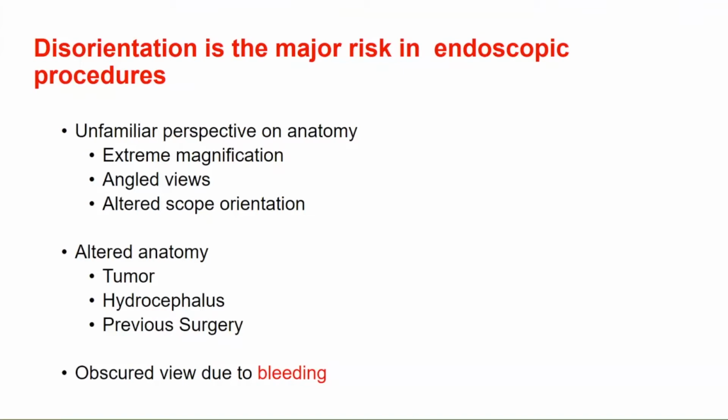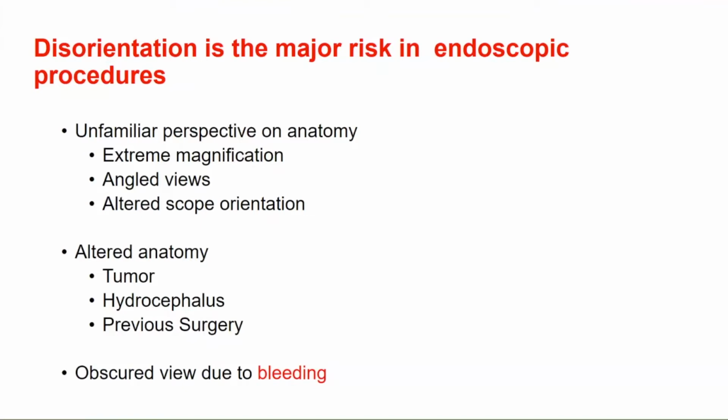You could turn the 30-degree up, or right, or left, and instead of seeing a spot-on image, you'll be looking at the left corner, the right corner, or the bottom corner. So the scope orientation is extremely important to be cognizant of when you're trying to match what you're seeing at the endoscope with your own mental anatomical image of that surgical view.